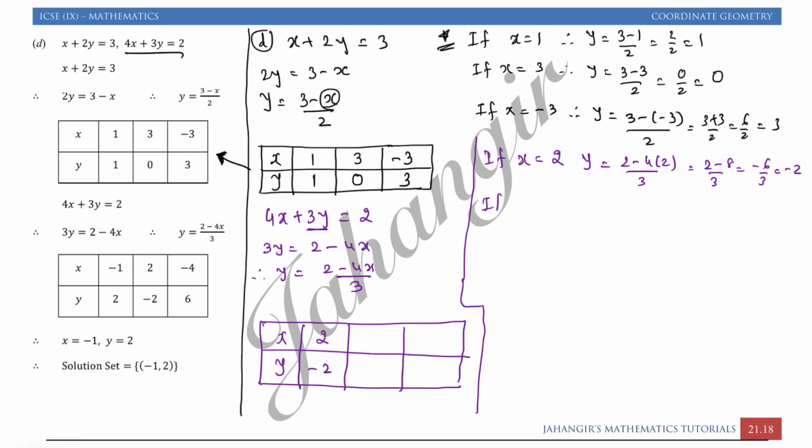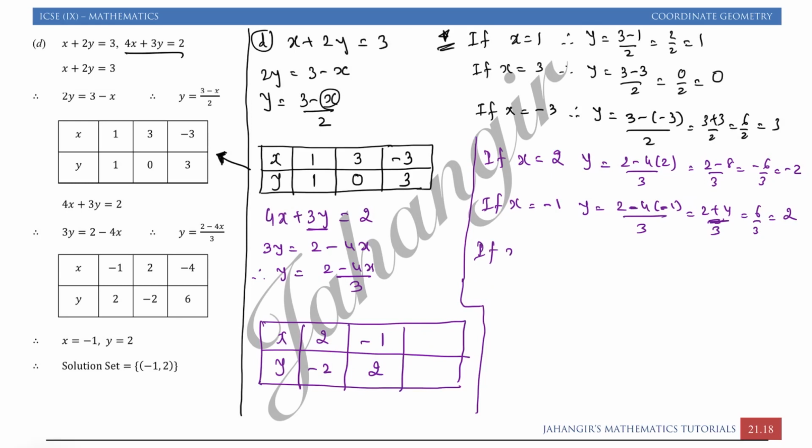Then I will take x equal to minus 1. (2 minus 4 into minus 1) upon 3. So minus into minus will become plus. So (2 plus 4) by 3, that is 6 by 3, which is equal to 2. So if you take minus 1, the y value is 2.